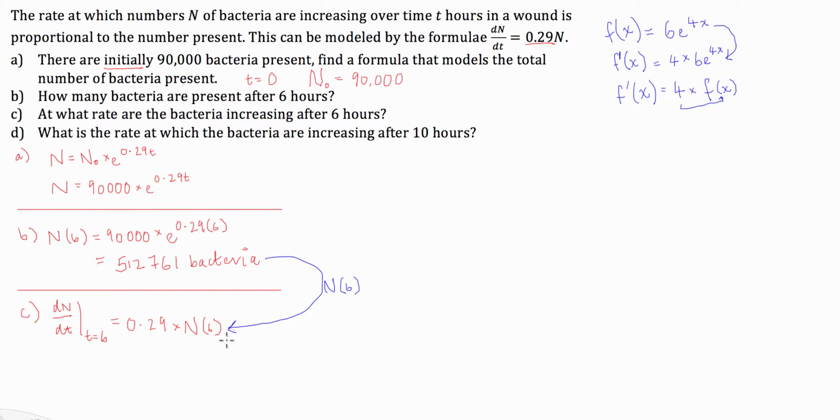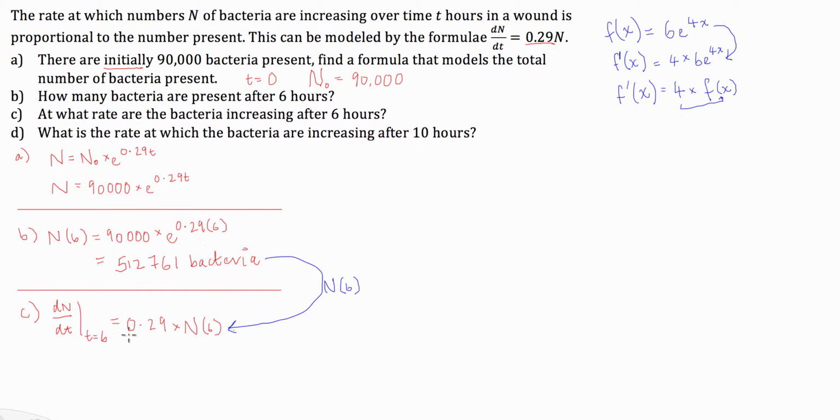We can double check that in the question. It says the number of bacteria increasing over time in a wound is proportional to the number present. So N(6) is the number present at t equals 6, and the proportionality constant is this 0.29.